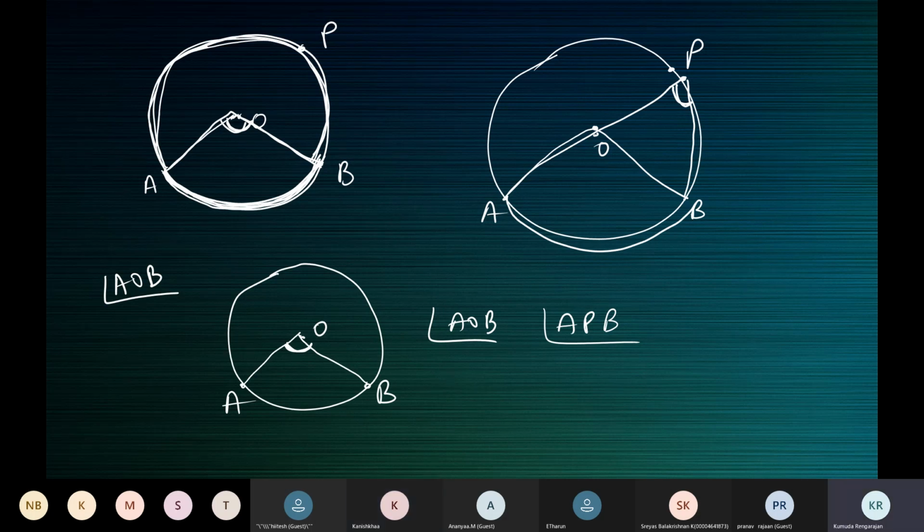Now this angle AOB is subtended or made by arc AB, minor arc AB at the center, correct? One of you should repeat this after me, once I finish. Minor arc AB subtends angle AOB at the center. Please repeat.